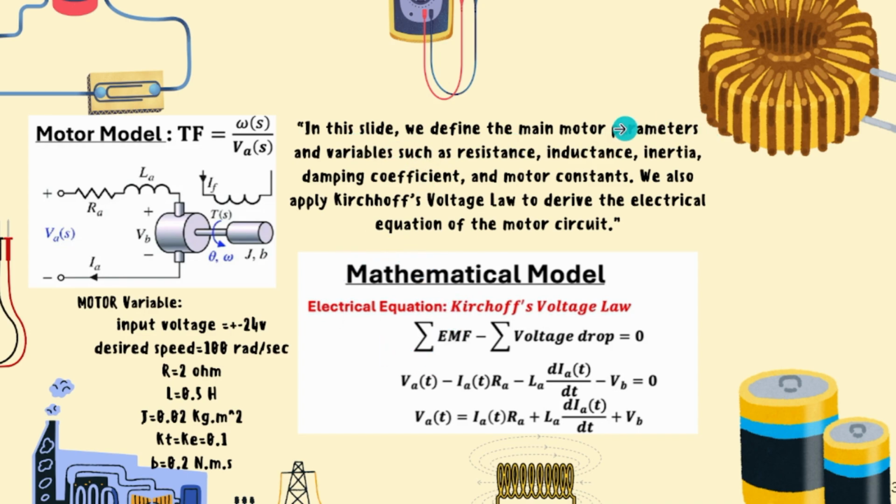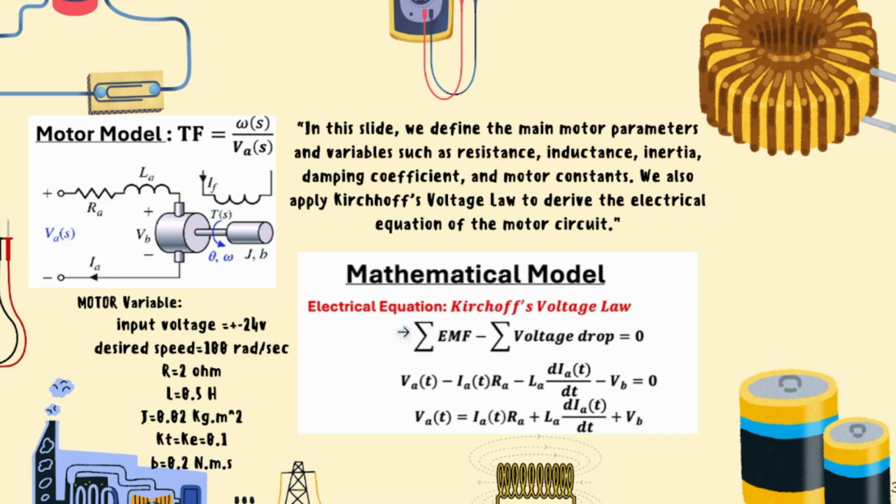In this slide, we define the main motor parameters and variables, such as resistance, inductance, inertia, damping coefficient, and motor constants. We also apply Kirchhoff's voltage law to derive the electrical equation of the motor circuit.